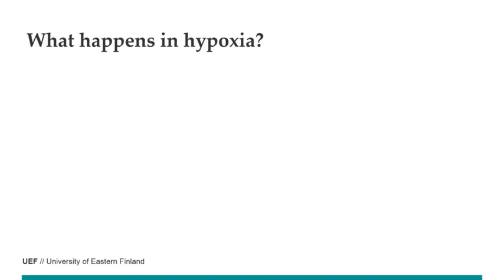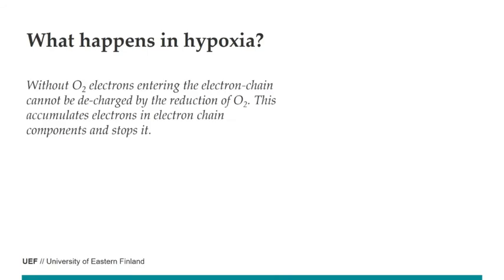Okay, what happens then if we don't have oxygen available? If we don't have oxygen in this process, the electrons entering the electron chain cannot be discharged in the reduction of oxygen. And therefore, the electrons accumulate in the electron chain components and stop the work.